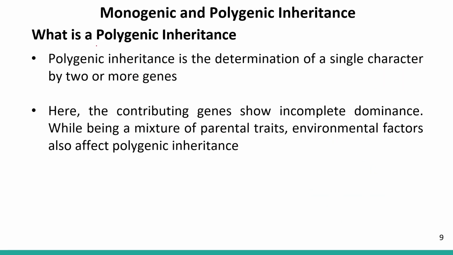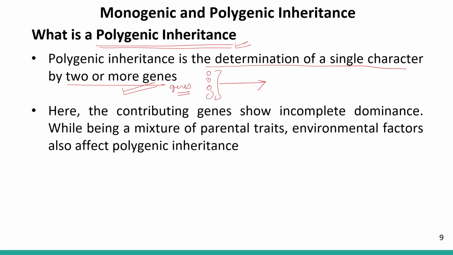Now comes polygenic inheritance. Very, very important. Polygenic inheritance is the determination of a single character by two or more genes. So a number of genes are responsible for a single character, right?